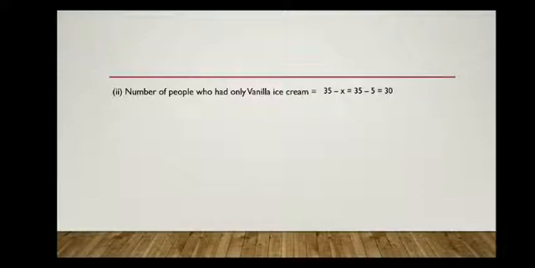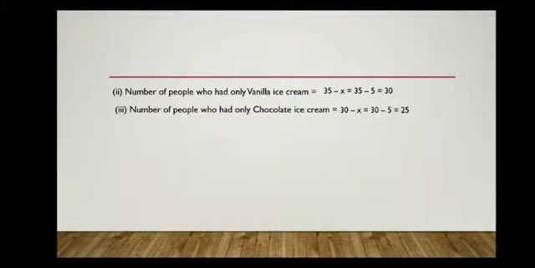So when you see the Venn diagram, people who had only chocolate ice cream will be 30 minus X. Since X is equal to 5, 30 minus X is 30 minus 5, which is equal to 25. So 5 people had both chocolate and vanilla ice cream, 30 people had only vanilla ice cream and 25 people had only chocolate ice cream.